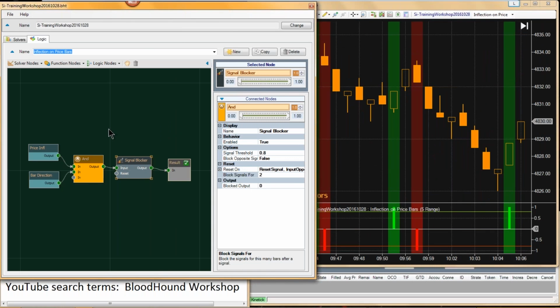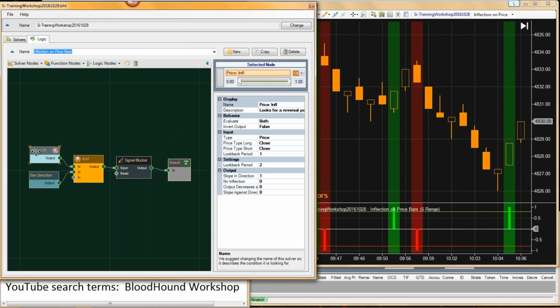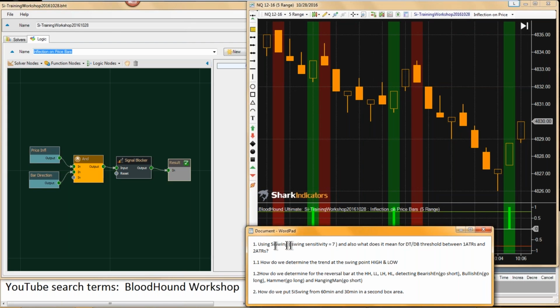All right, so there's the quick answer. Now we're using the swing indicator, with a sensitivity of 7, and I guess the question is about the double top, double bottom threshold setting, which you can use ATRs for.